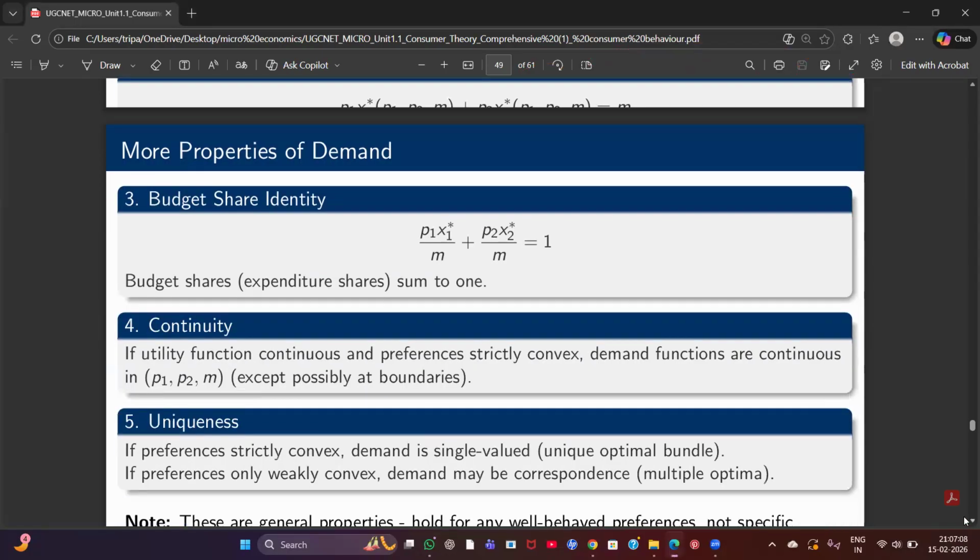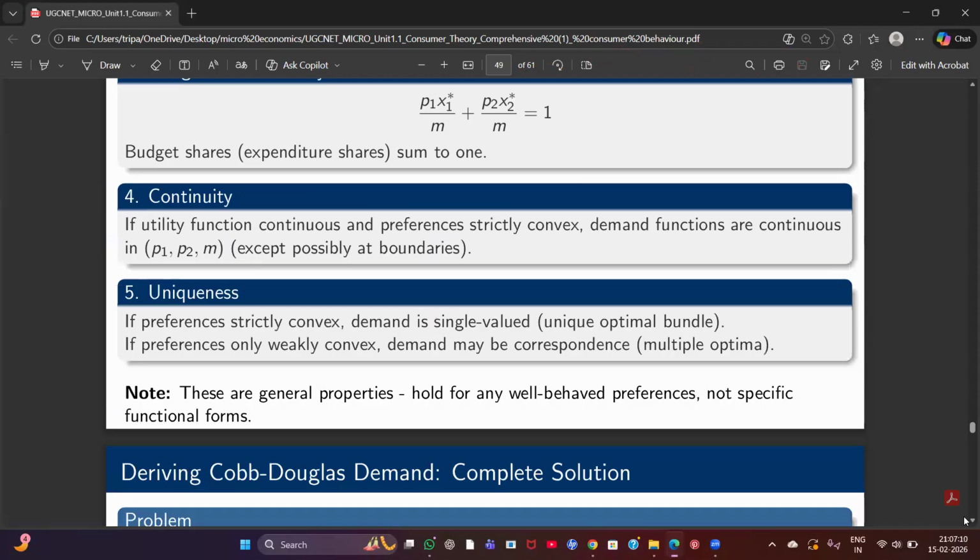Next, continuity. It says, remember, the demand function will be a continuous function if my utility function is continuous and preferences are strictly convex. When I say my demand functions are continuous, it simply implies if the prices or money income change by a small amount, then the demand bundle will also change by a small amount.